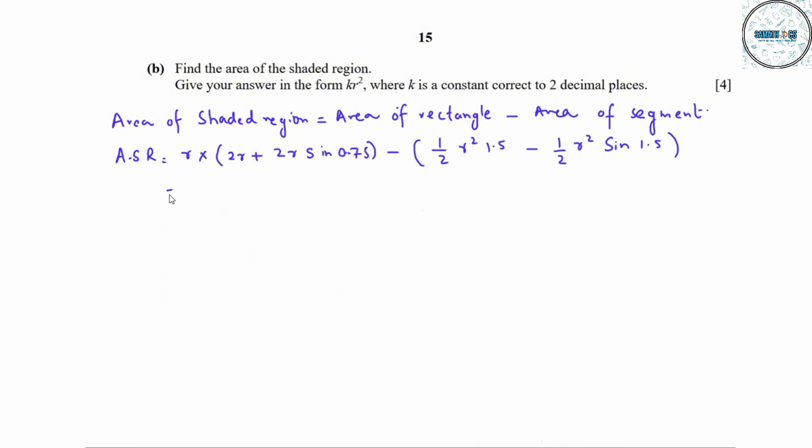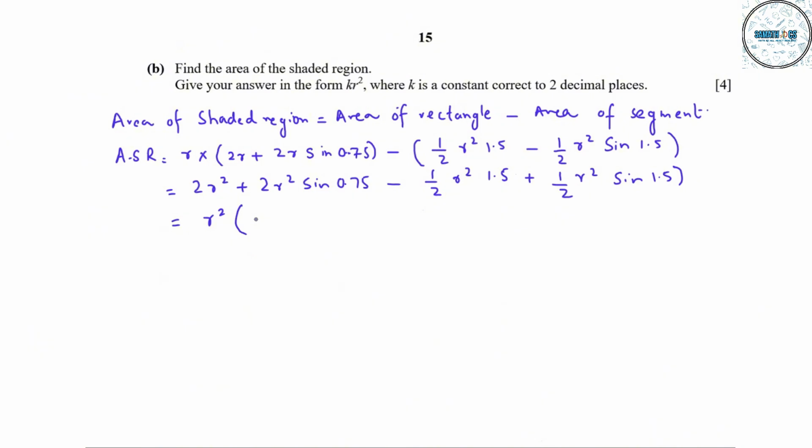Now we will simplify it. 2r squared plus 2r squared sine 0.75 minus 1 upon 2 r squared into 1.5 plus 1 upon 2 r squared into sine 1.5. We can take r squared as common.